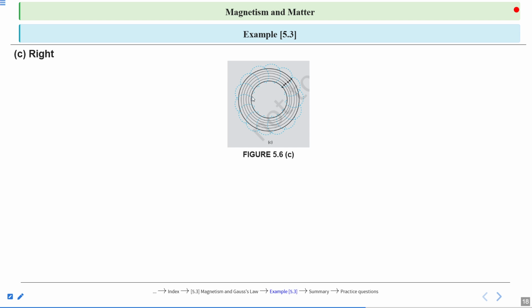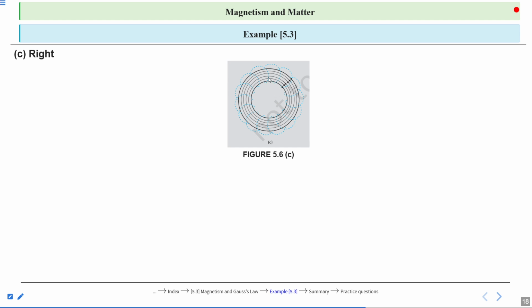This is a toroid. And we know that magnetic field lines outside the solenoid are nearly zero or weak. So only magnetic field lines will exist inside the core of the solenoid. Now we have bent the solenoid in the form of a toroid. So magnetic field lines will be in the form of these concentric circles.